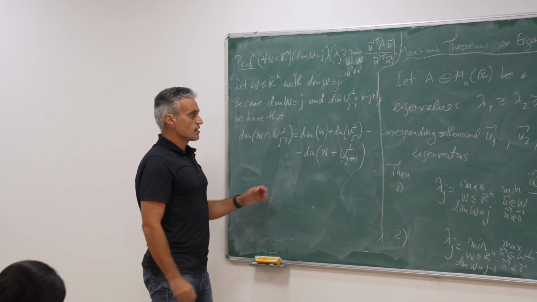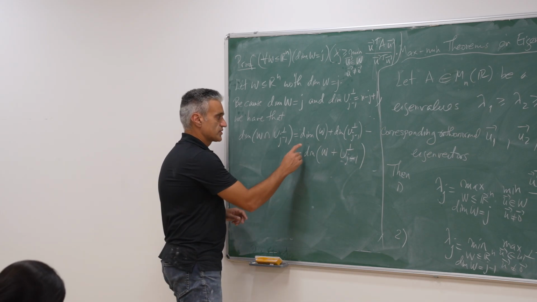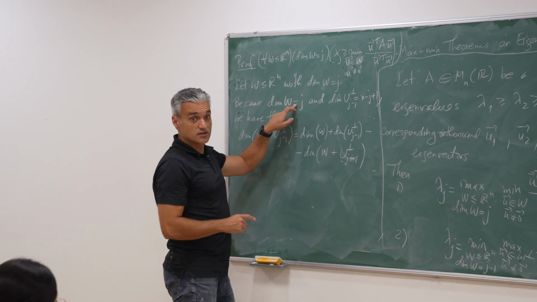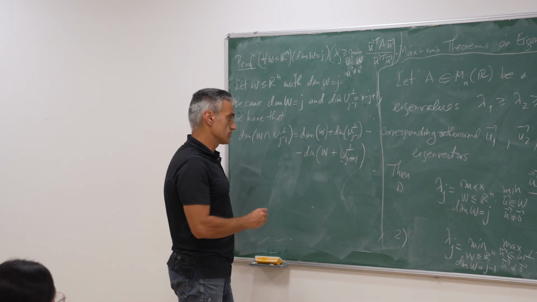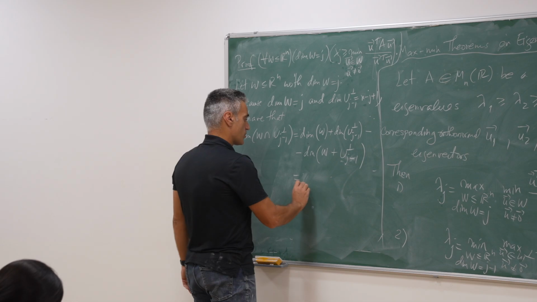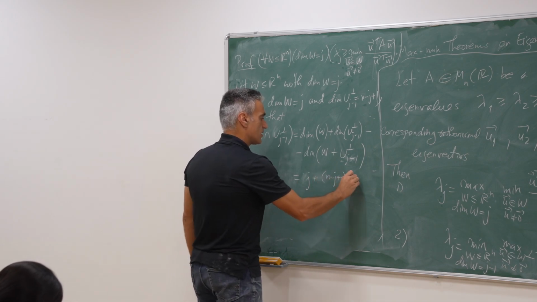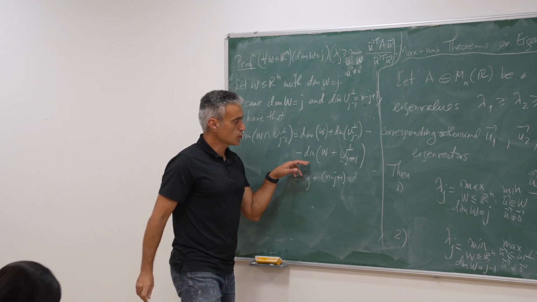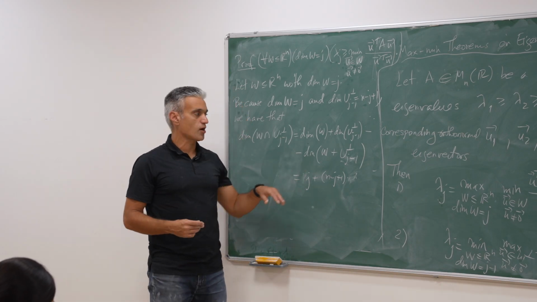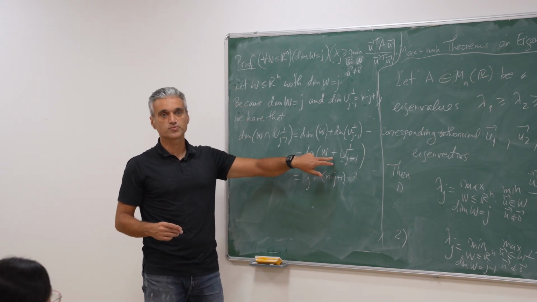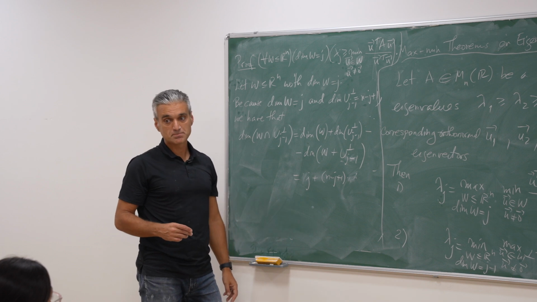So now what do I have? Dimension of W is j, dimension of this is n minus j plus 1, minus the dimension of the sum. But here you have minus, so how big can the space W plus uj minus 1 perp be?